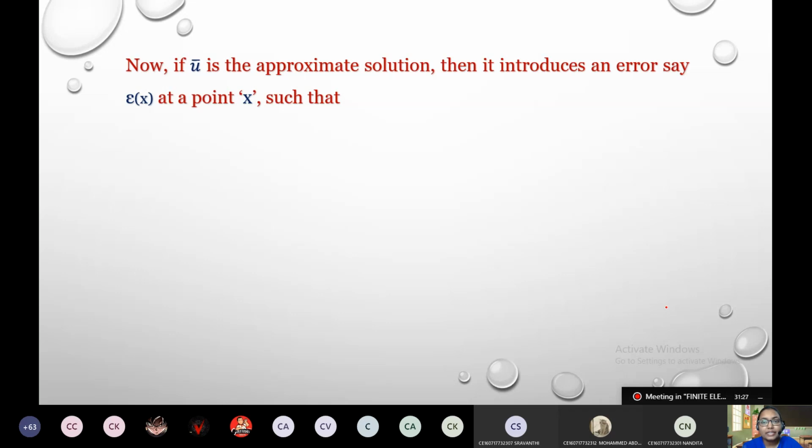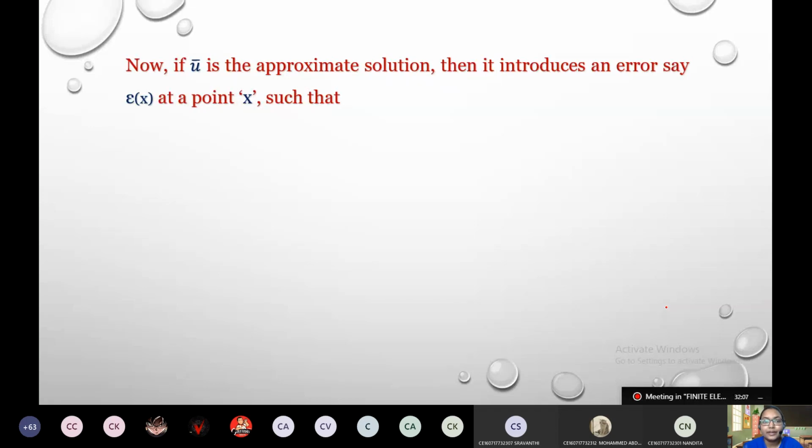When that gives an approximate solution, there is a little error from the exact solution. It may be positive, it may be negative. In the previous class when we solved the problem, we got WL square by 8.05 from the approximation, whereas the actual answer was WL square by 8. So the 0.05 was a slight error we could see in the approximate solution.